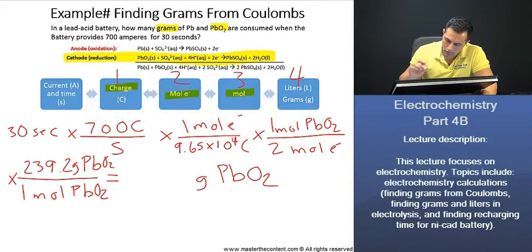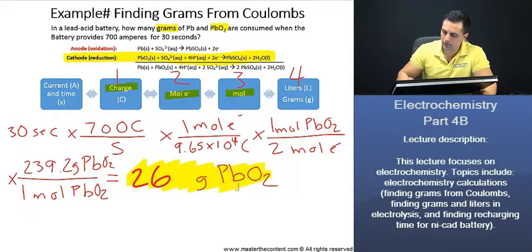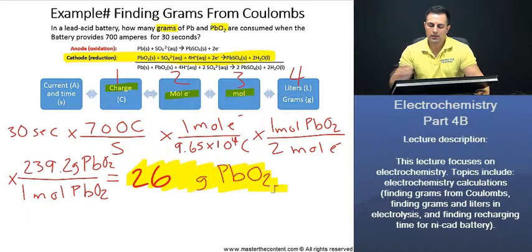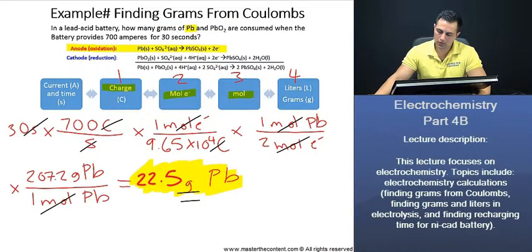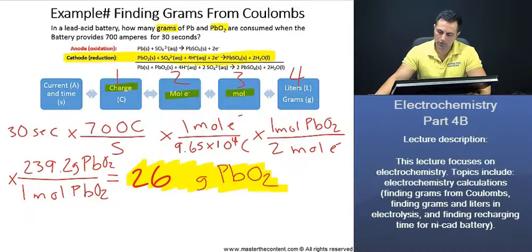And when we equate this, we're going to end up with 26 grams of lead oxide. Thus, 22.5 grams of lead and 26 grams of lead oxide are going to be consumed when the battery provides 700 amperes for 30 seconds.